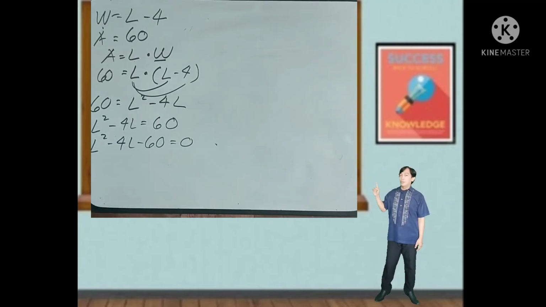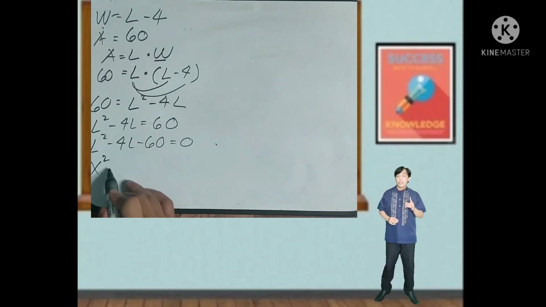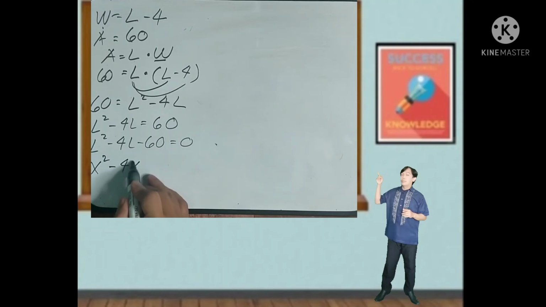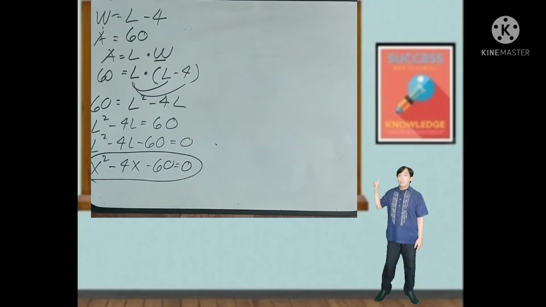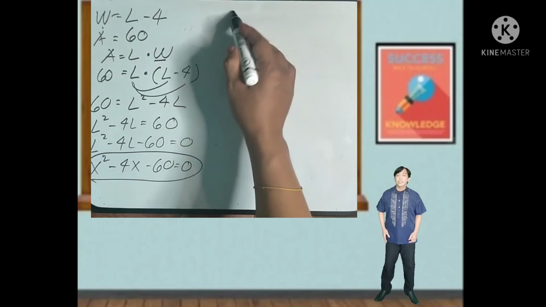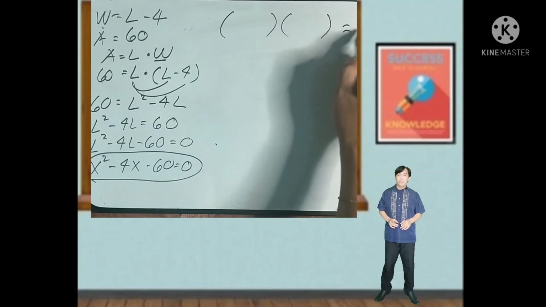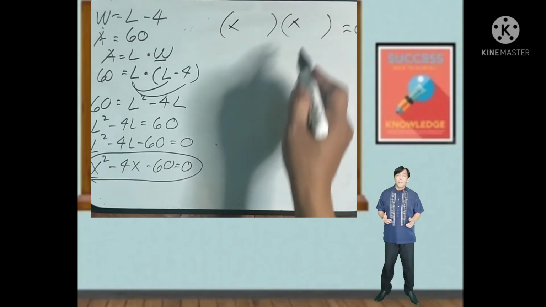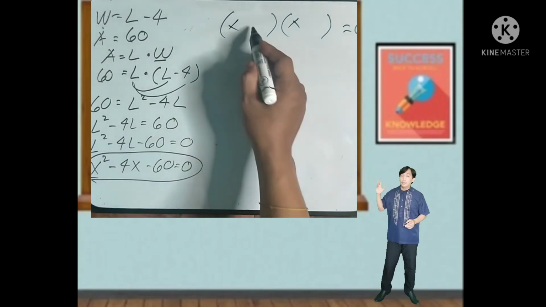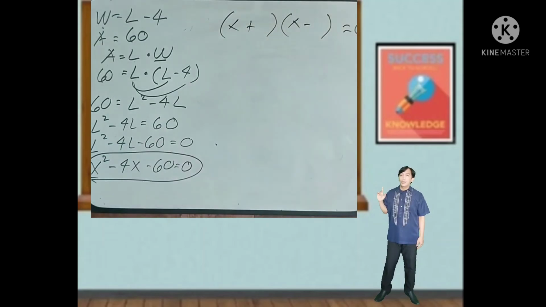Let us just try to replace L with X so that we will not be confused. We are used to X. So X squared minus 4X minus 60 is equal to 0. Let us now try to factor this out. Okay, factoring method. We have discussed the factoring method already. So we have the factors of X squared, which are X and X. Since the last term is negative, one is positive, then one is negative.